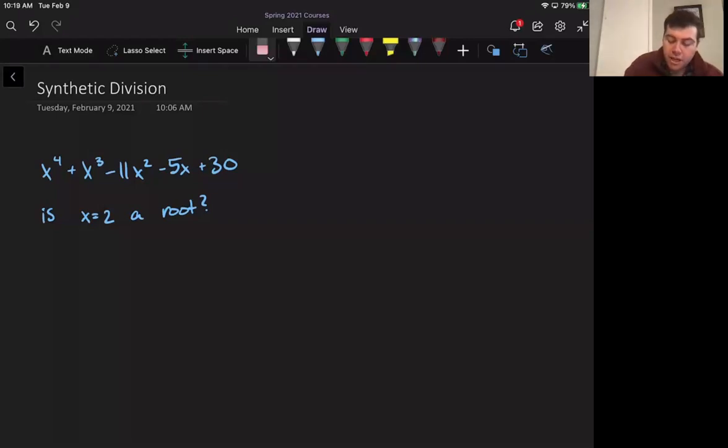But first, let's check if it's a root. To do that, we look at our original polynomial, and everywhere we have an x, we're just going to plug in a 2. So we get 2 to the 4th plus 2 cubed minus 11 times 2 squared minus 5 times 2 plus 30.